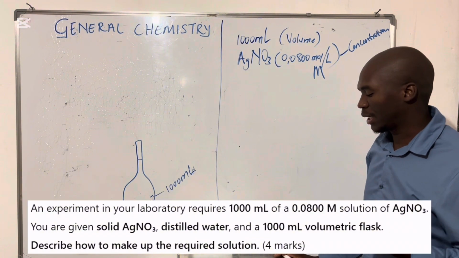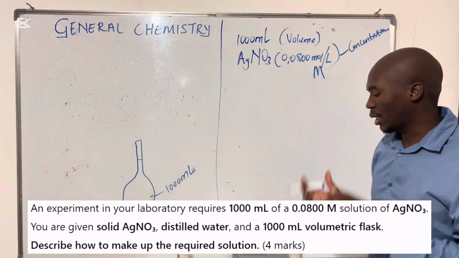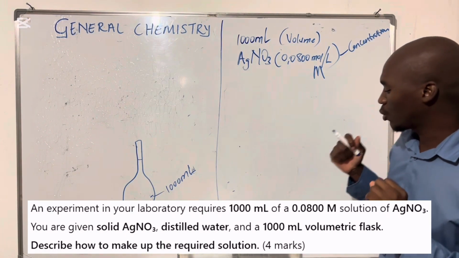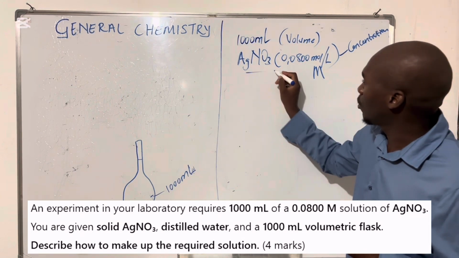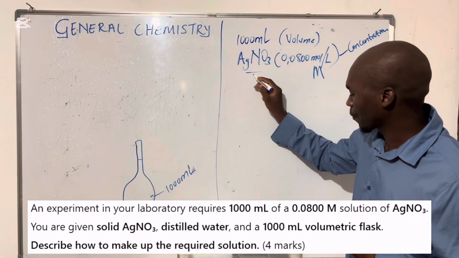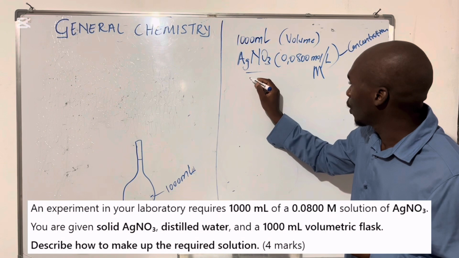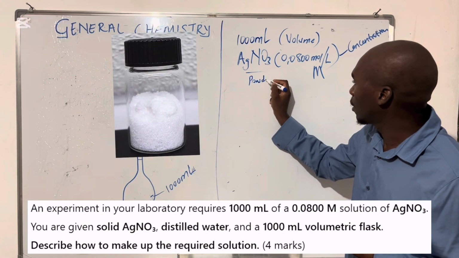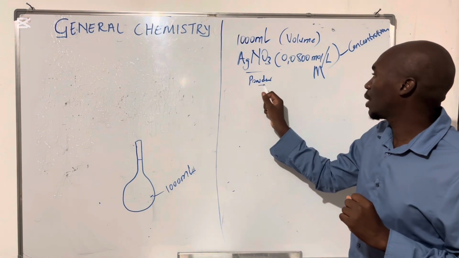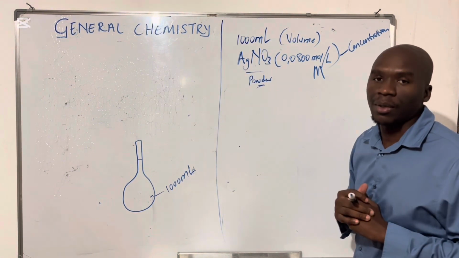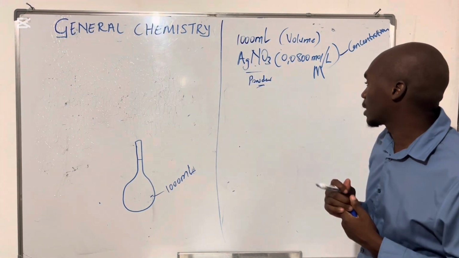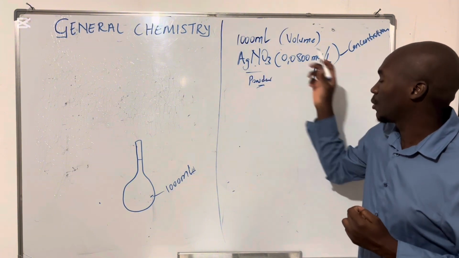In order to make up this solution, remember this one will be in solid form, more like powder. We will need to find the mass of this compound, silver nitrate, AgNO₃.